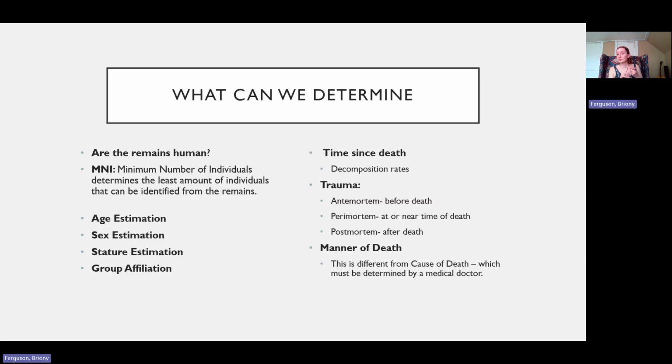So whether you produce sperm or whether you produce eggs. This is true of all mammals. Now, sex estimation is not gender estimation. Gender is a social construct. You cannot estimate gender from a set of remains.